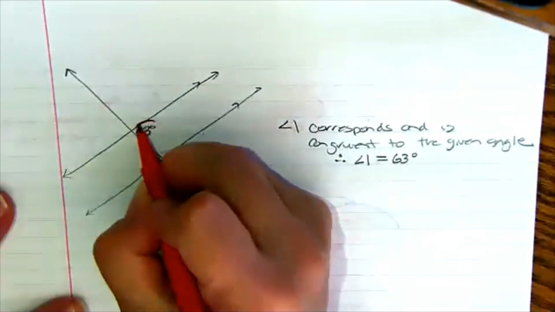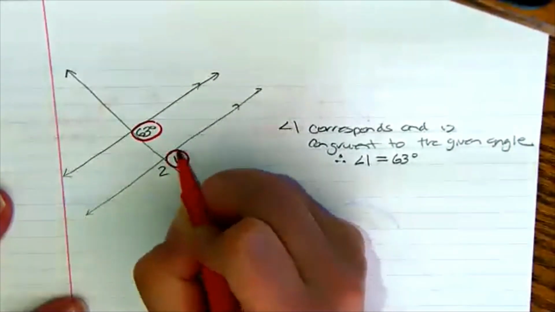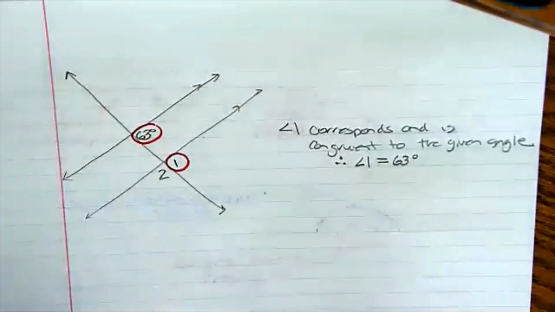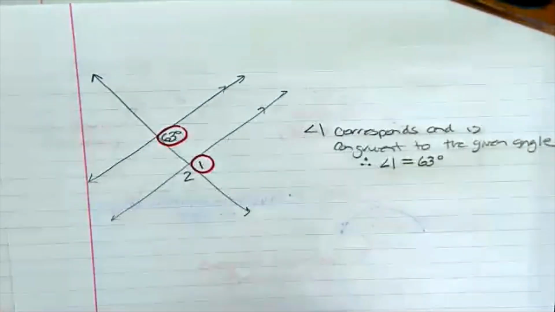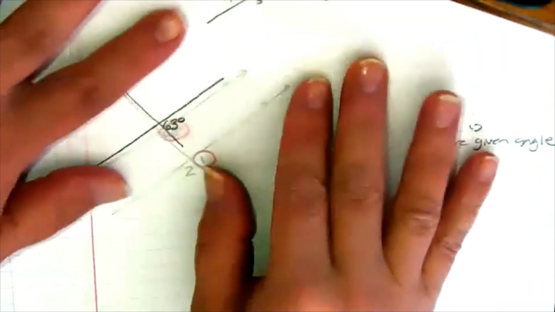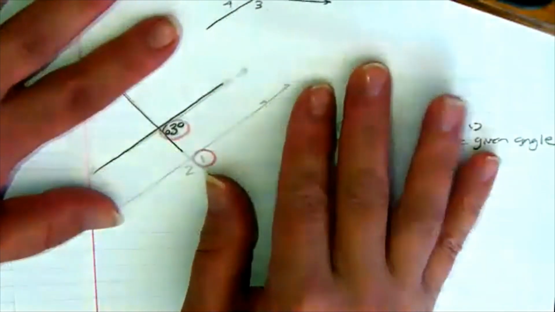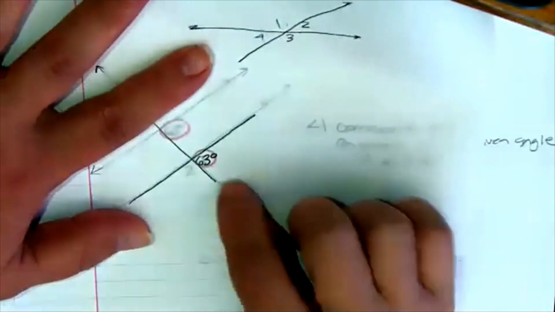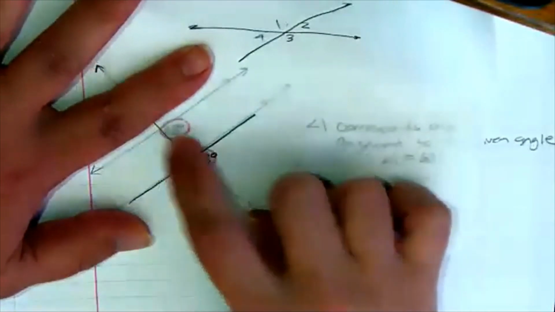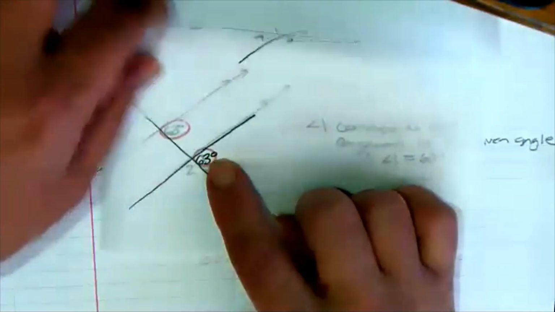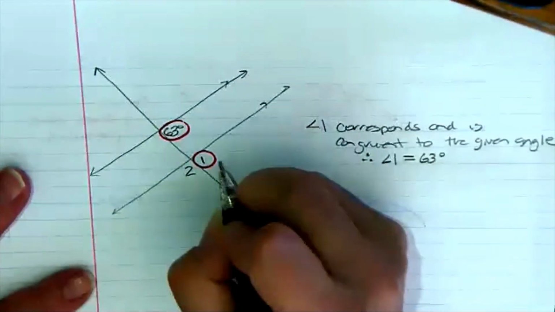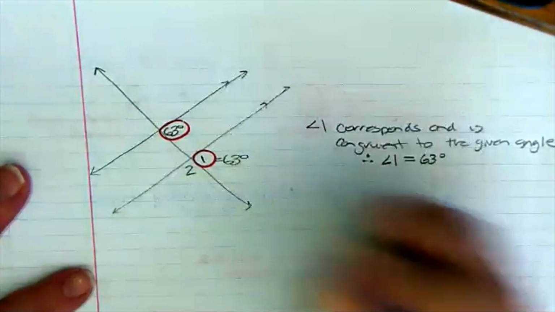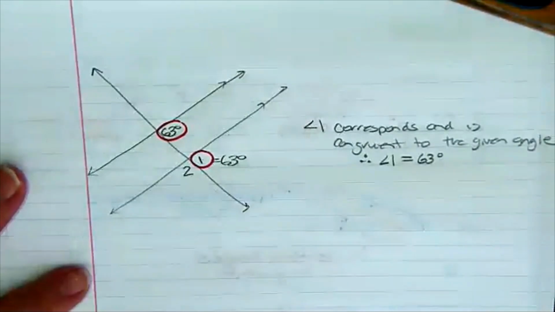So these two angles correspond to each other, which we just showed you. The given angle corresponds to angle 1. Therefore, angle 1 is equal to 63 degrees.